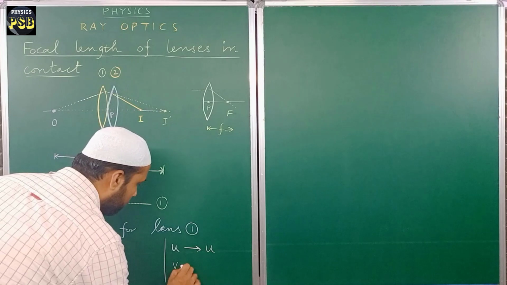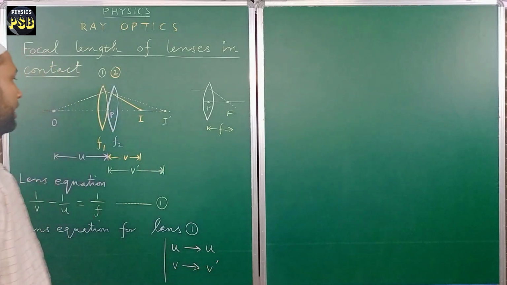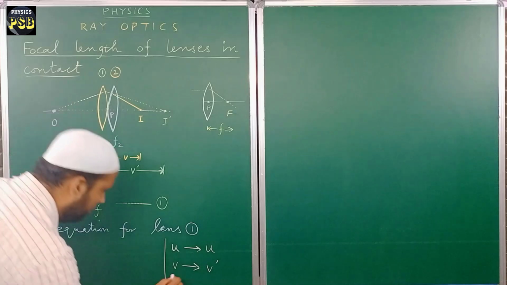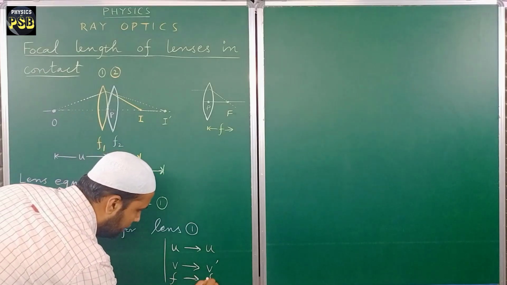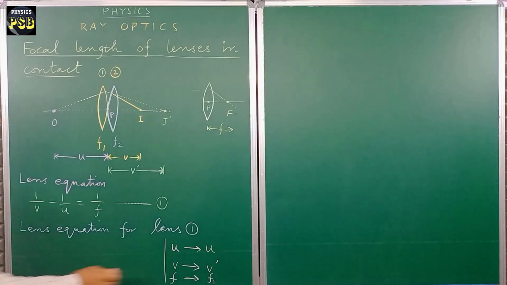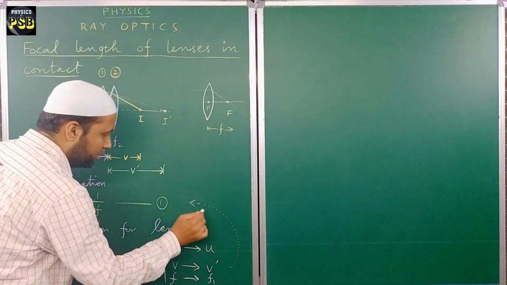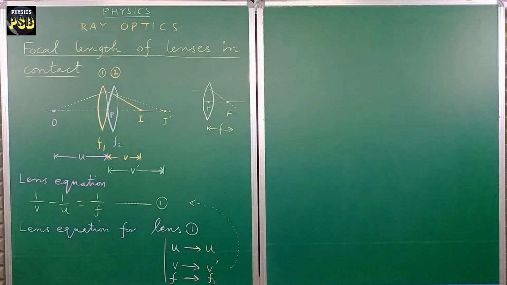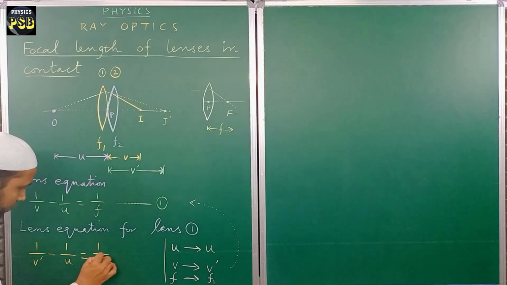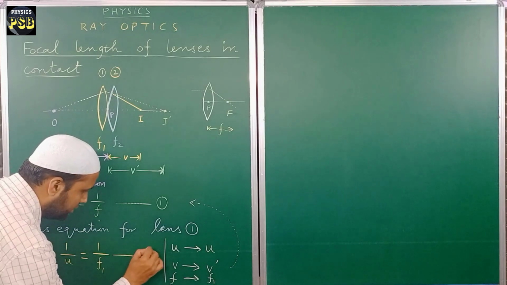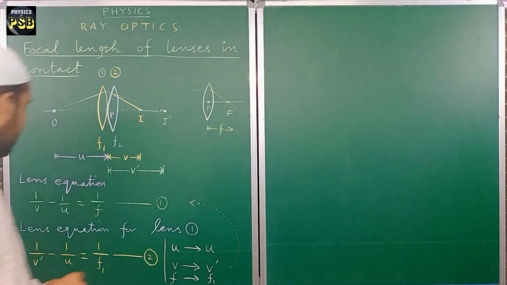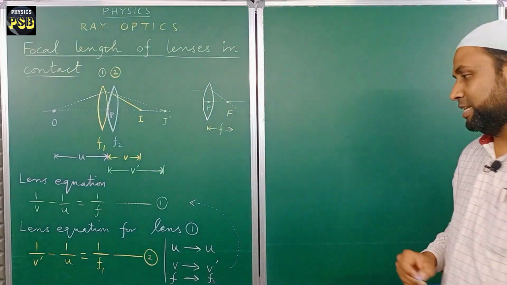So v is taken as v dash, and for focal length, in the place of small f, I'll write f1. By substituting these things in equation number 1, I get the lens equation for the first lens, something like this: 1 upon v dash minus 1 upon u equals 1 upon f1. It is taken as equation number 2. Now I am going to write the lens equation for the second lens.